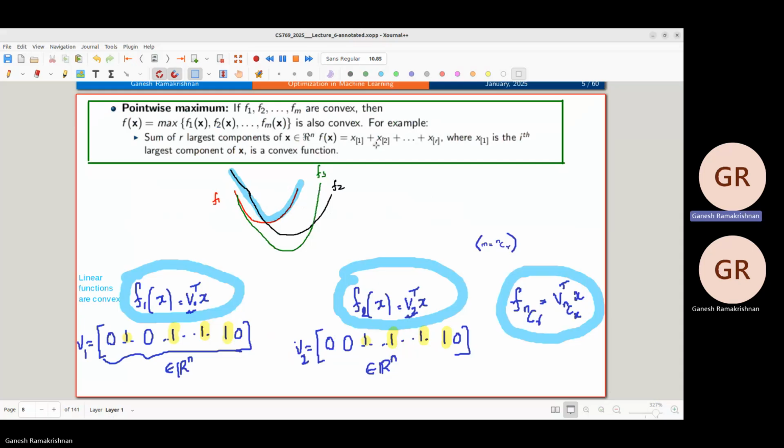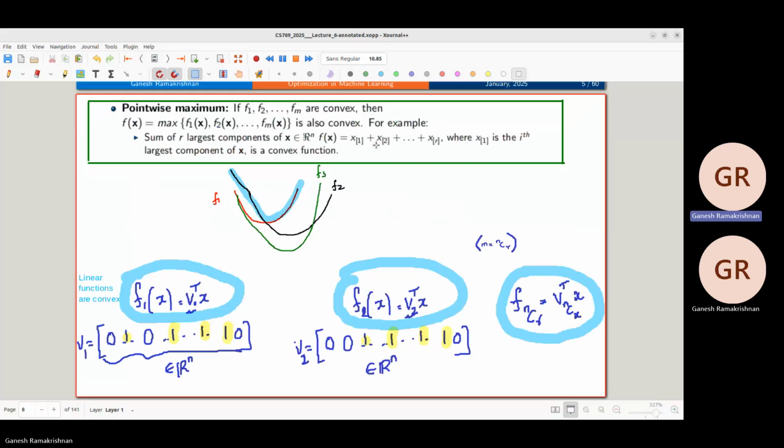Similarly, v2 has r of them set to 1, the remaining are 0. What are each of these functions, f1, f2? And how many such functions will there be? N choose r. All of them are what form of functions? Linear. All are linear, affine functions of x.